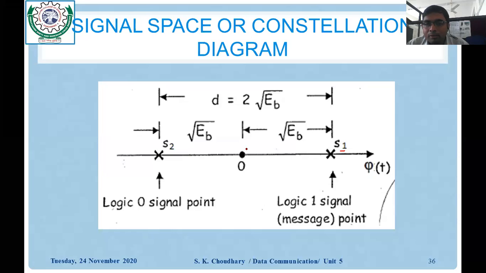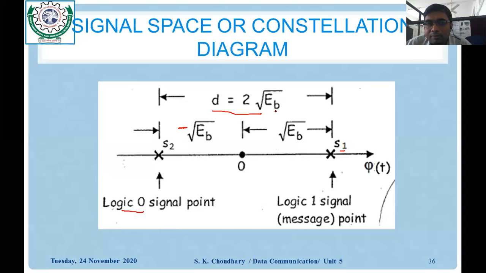The amplitude or the distance of the signal from the zero level is square root of EB, and the other signal is S2, representing the logic 0 signal point. It has an amplitude of minus square root of EB because it is on the left hand side of the reference axis. So the total equivalent distance is 2 into square root of EB.